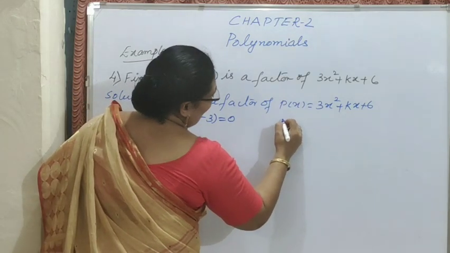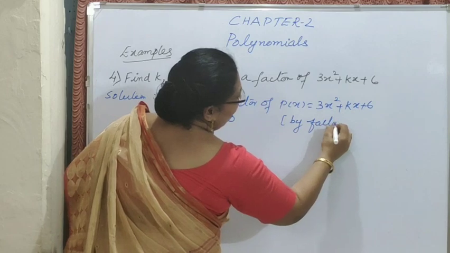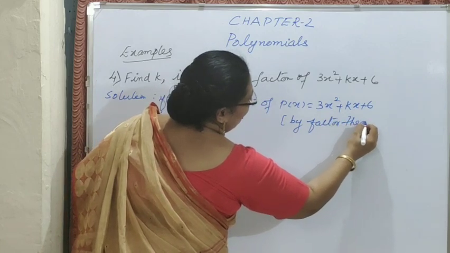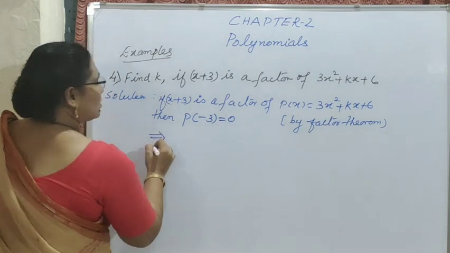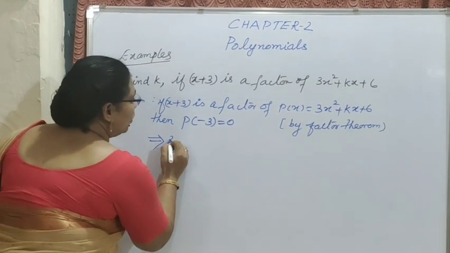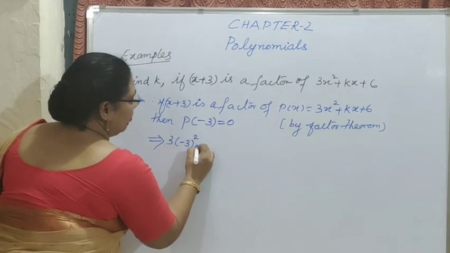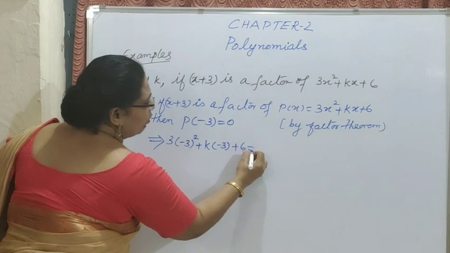You can write here by factor theorem. This implies 3 into minus 3 whole square plus k into minus 3 plus 6 equal to 0.